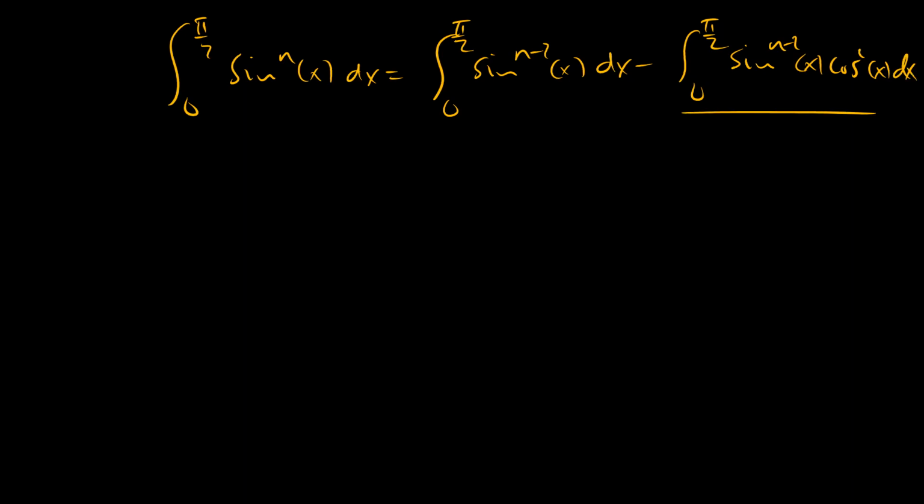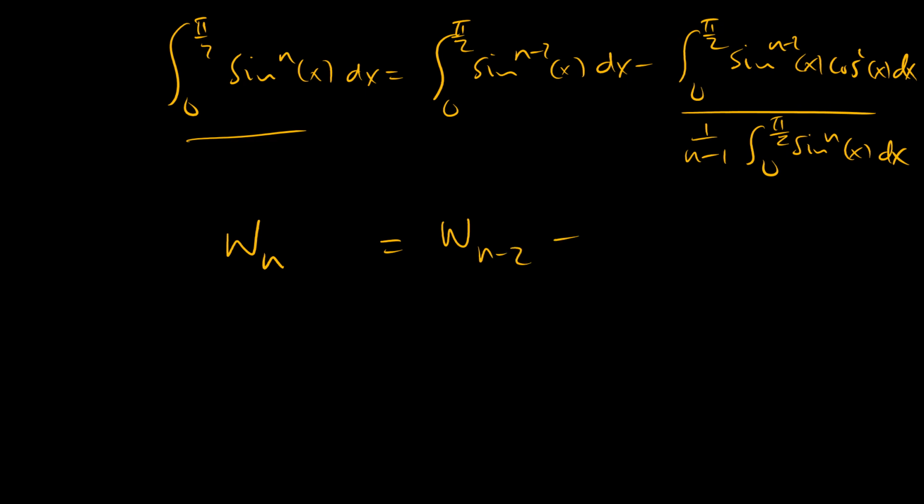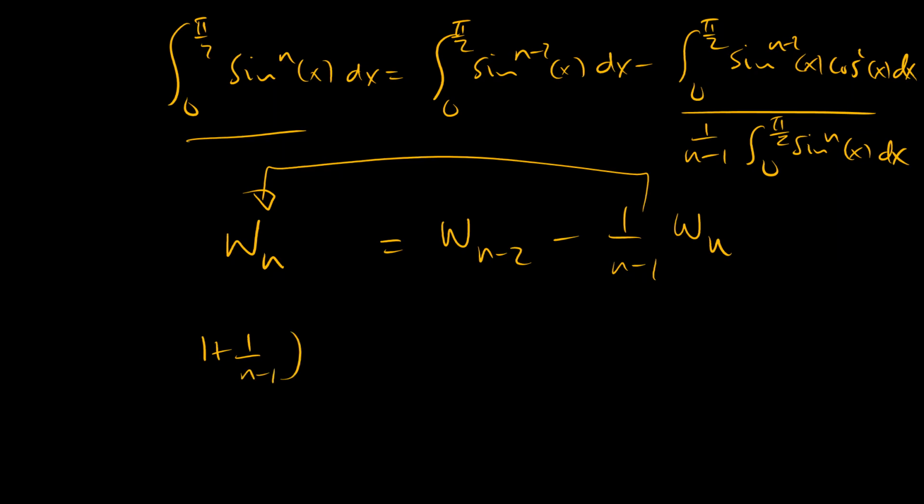And we found that this is the same as 1 over n minus 1 times the integral from 0 to pi over 2 of sine to the n of x. So if this is Wn, this is the same as Wn minus 2 minus 1 over n Wn. Bring this here by adding both sides. So we have 1 plus 1 over n minus 1, W of n, is equal to Wn minus 2.